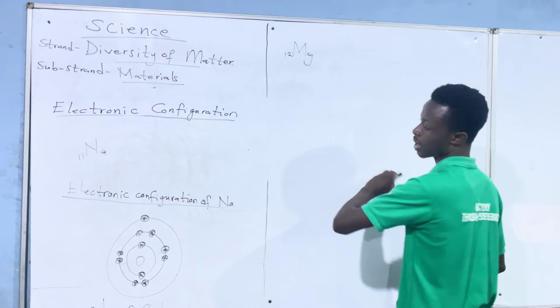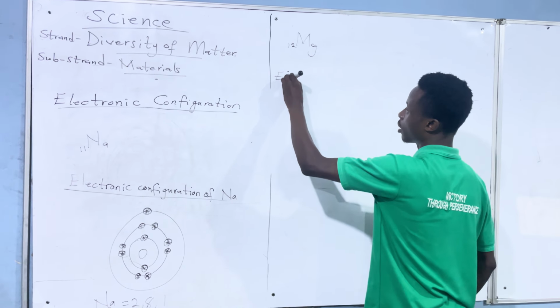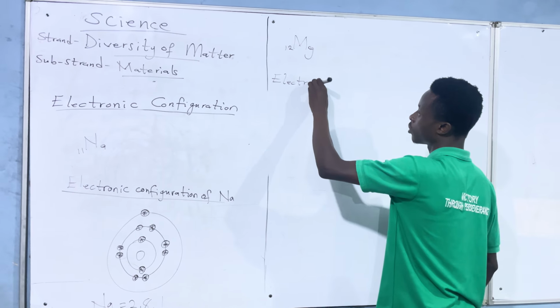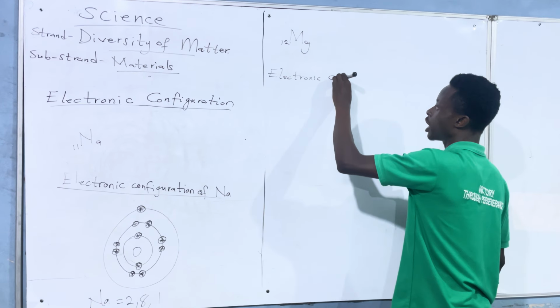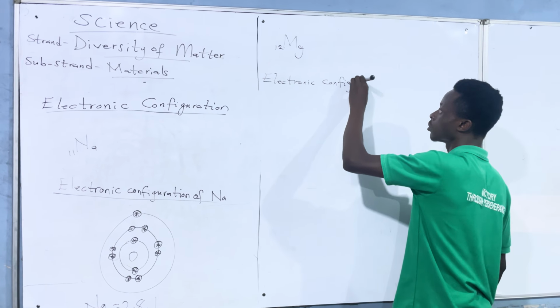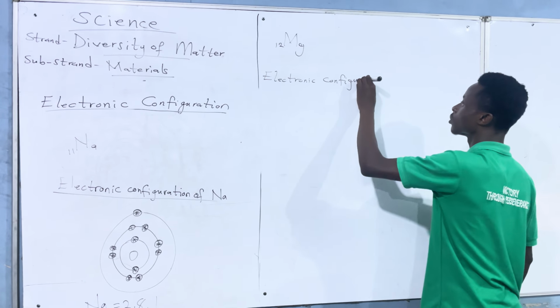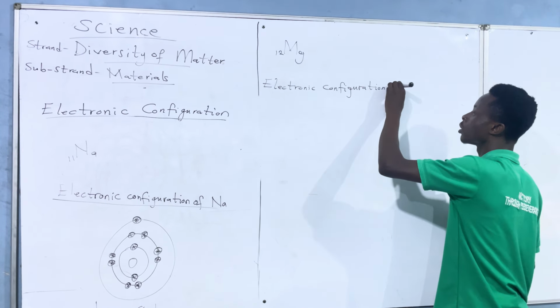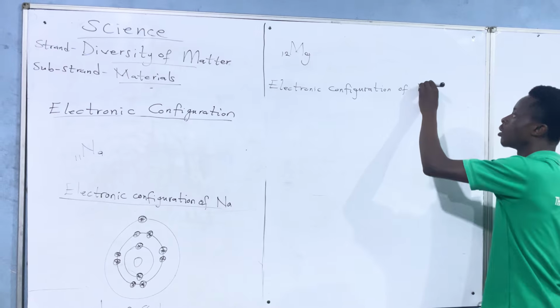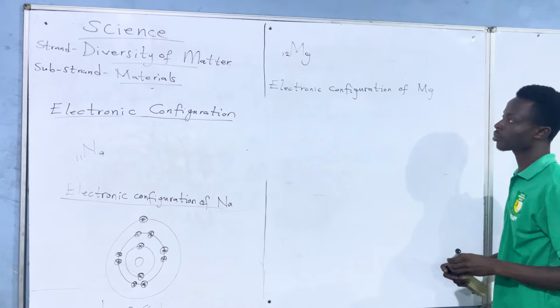So let's write our title: electronic configuration of magnesium.